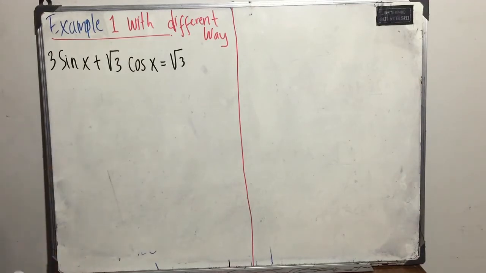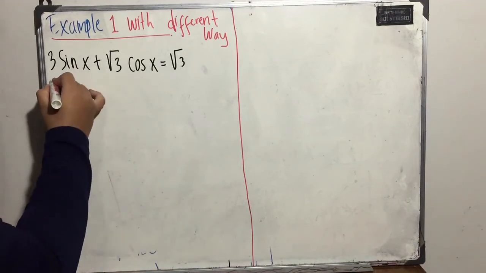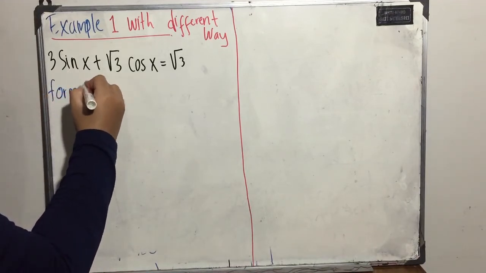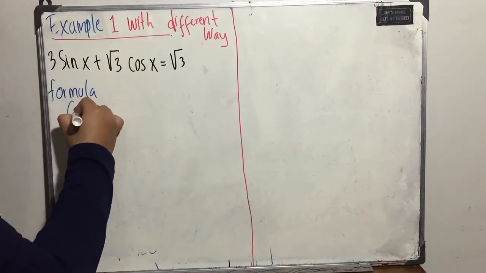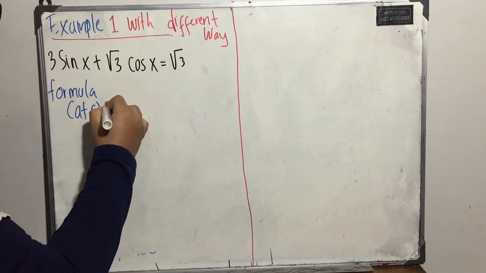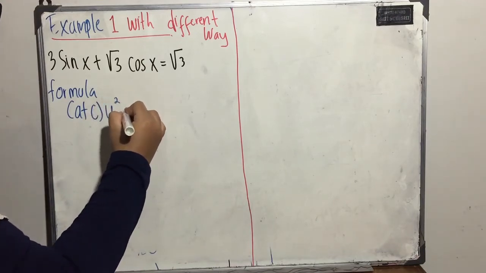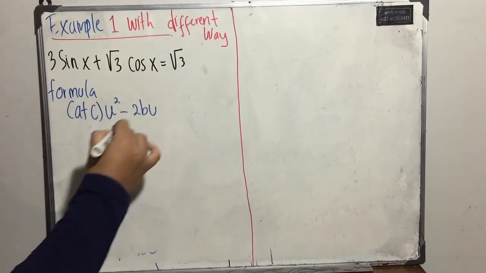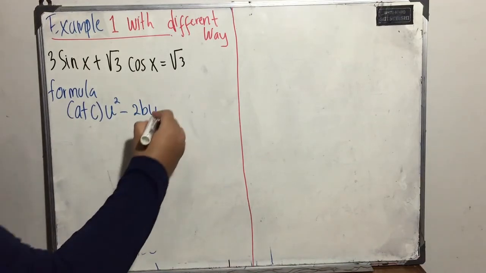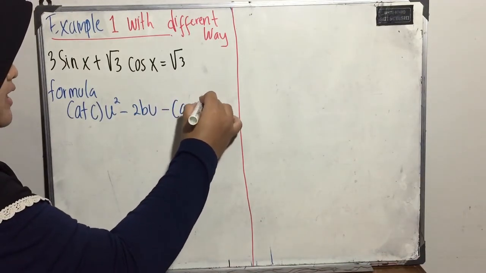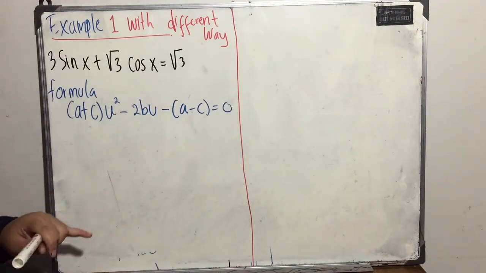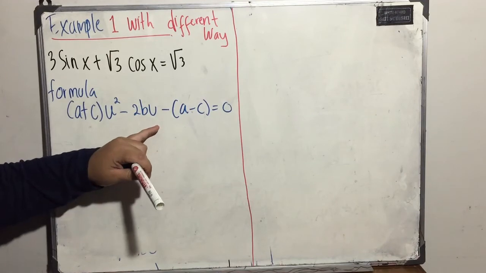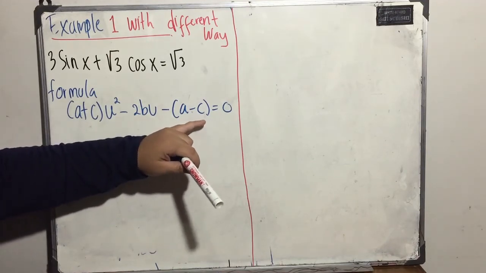Okay, everyone, so from here we have the formula a plus c u squared minus 2bu minus (a minus c) equals 0, everyone.